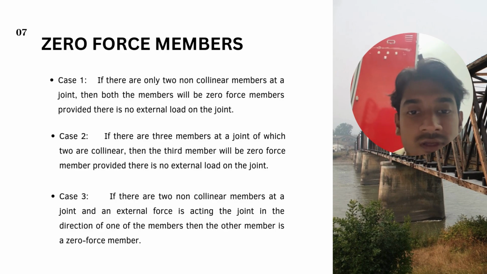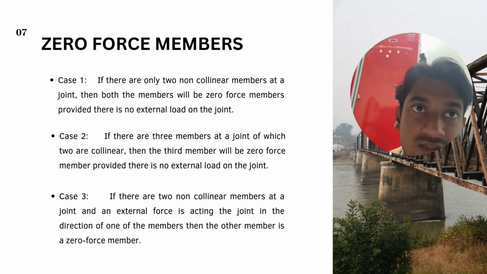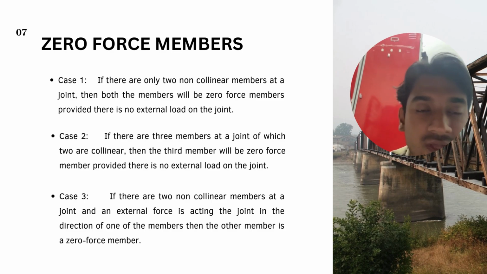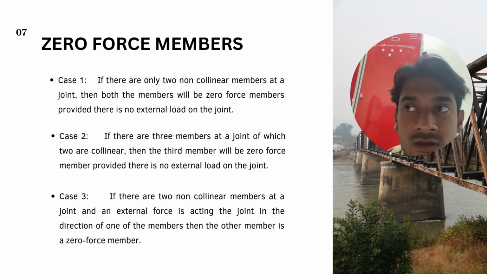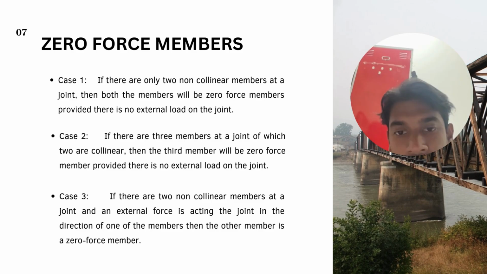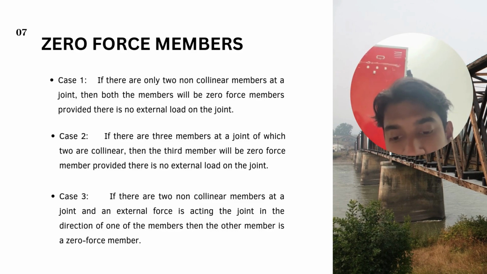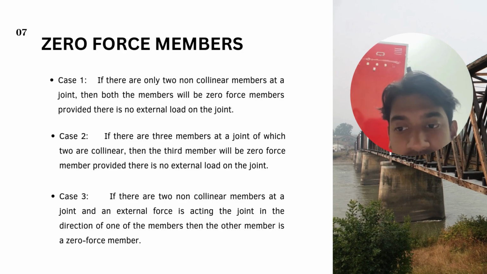So the first case is if there exist just two non-collinear members in a joint, so they will become zero force members at that joint when there is no external load on it. And for case 2, if three members meet at a joint and two are collinear, then the third must be directed perpendicular to the other two members, so it will become a zero force member.